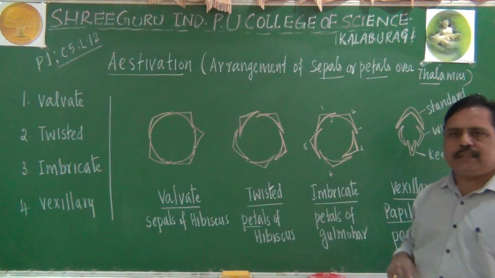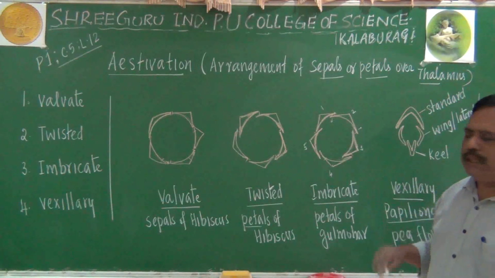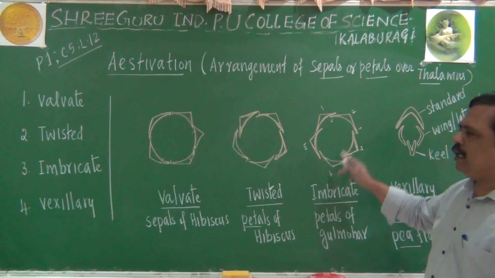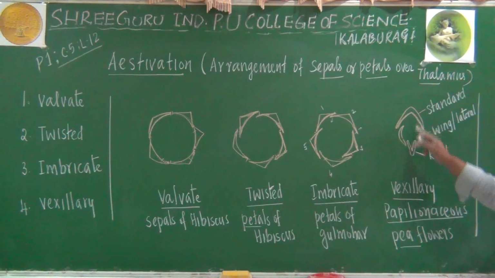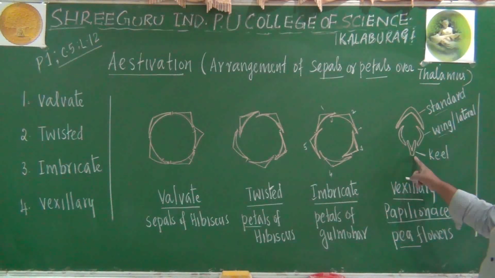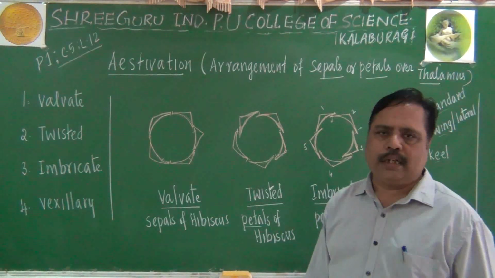In imbricate aestivation, one petal or sepal will be completely outside, another one completely inside, remaining 3 are in twisted condition. In vexillary aestivation, there are 5 petals. One is a large standard petal. 2 are wing petals on the lateral side. Remaining 2 are united, they are keel petals.